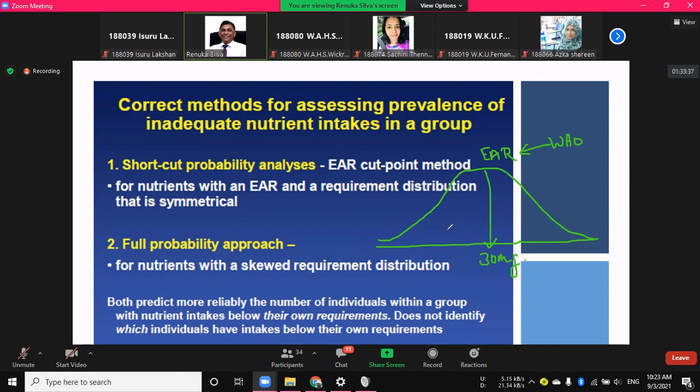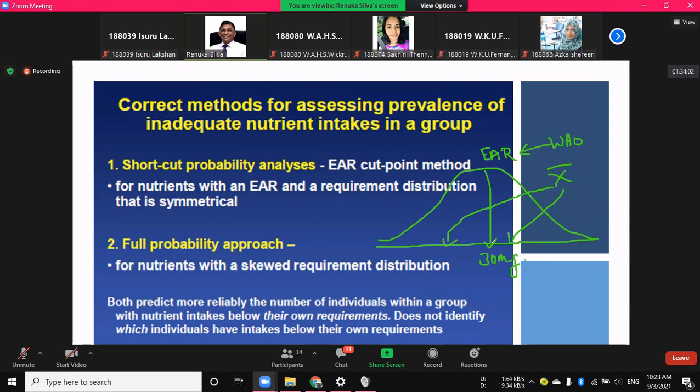And then I calculate the mean value of this class. Class mean value, that's X bar. And I want to check where is X bar, whether X bar is here or whether X bar is here.